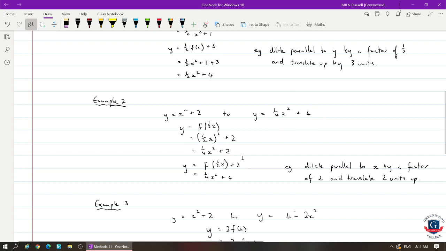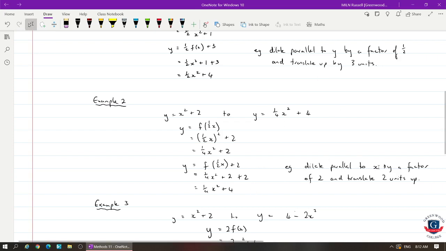So I'm going to add an extra 2 to my transformation statement. y equals f of half x, which we did up here, plus another 2. I can do that in 2 steps to make it a bit clearer. So I start with f of half x, which is that, and then I add 2 more to the end, which gets me to a half x squared plus 4 as required by this.